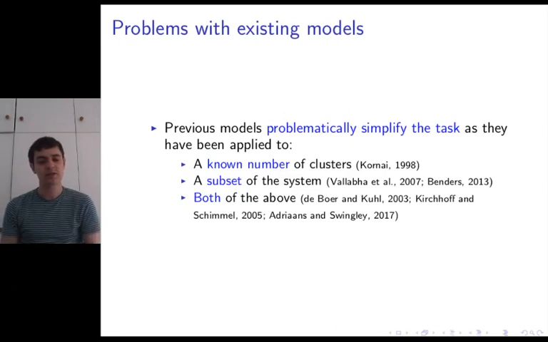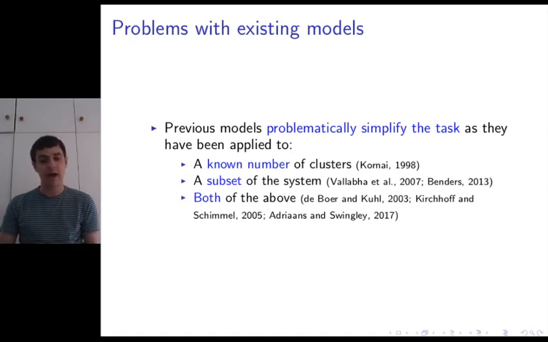So some models used in this domain specifically learn a known number of clusters. So this value of K, the number of clusters that occur in your native language, is given to these models in advance. Infants can't, of course, come to the learning of American English knowing that there will be exactly 15 vowel sounds. Secondly, there are models that, although they learn the number of clusters, are exposed to just a subset of the system. So not only is there less to learn, but this also reduces potential cases of overlap between vowels.